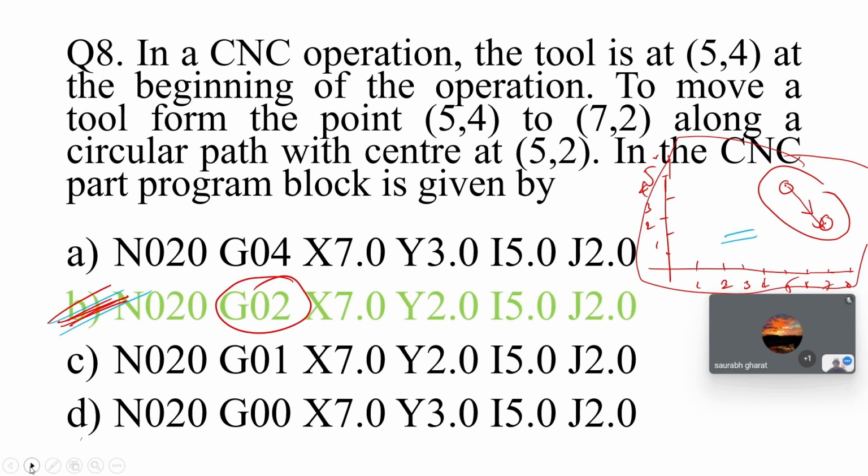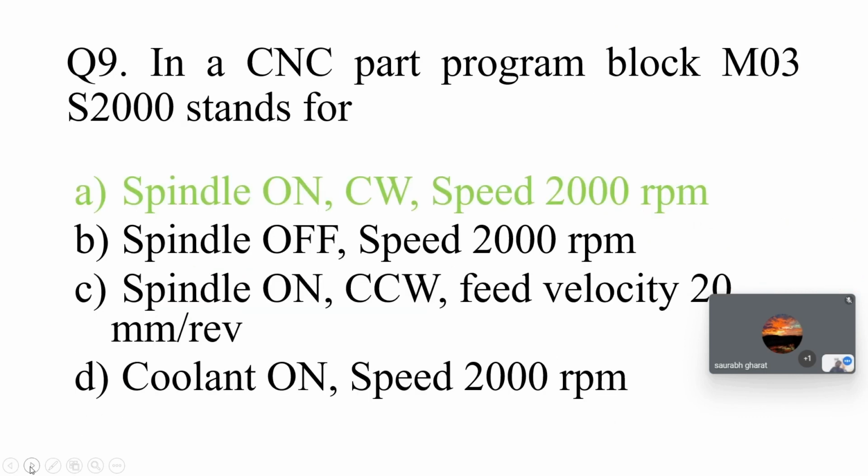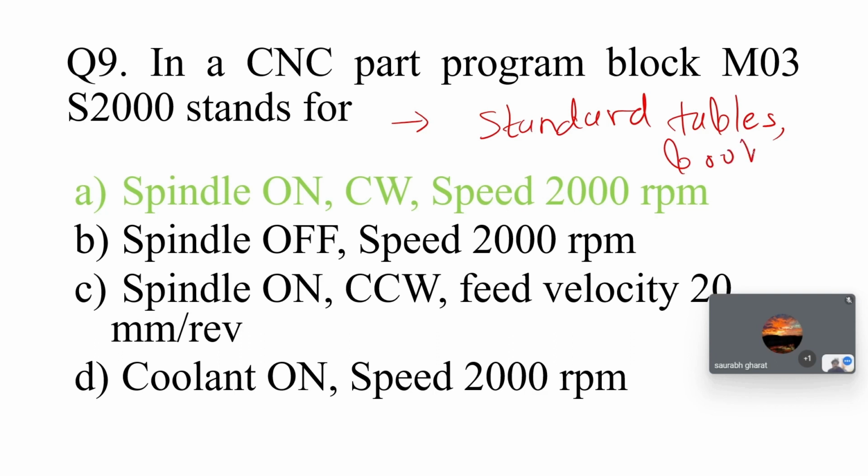This is the ninth question in the CNC part program. Block 1003 S1000 stands for what? You know from the standard tables and standard literature that you can refer to, standard tables or books, that M03 stands for spindle on clockwise.